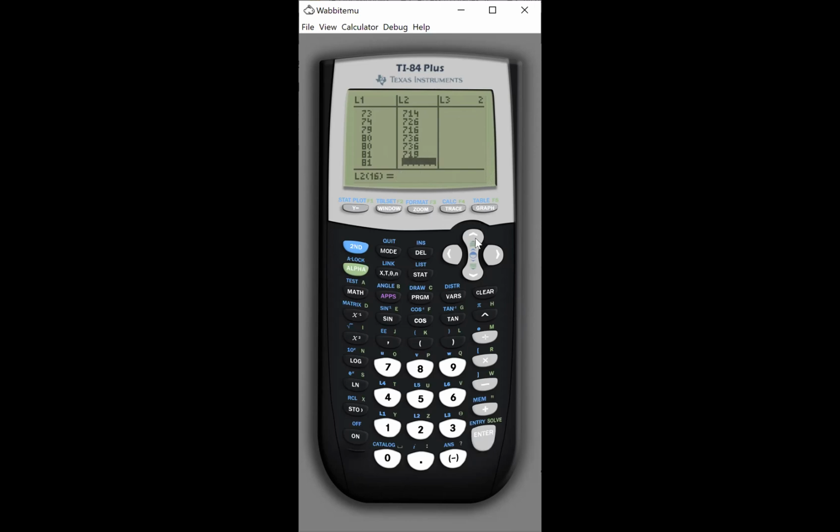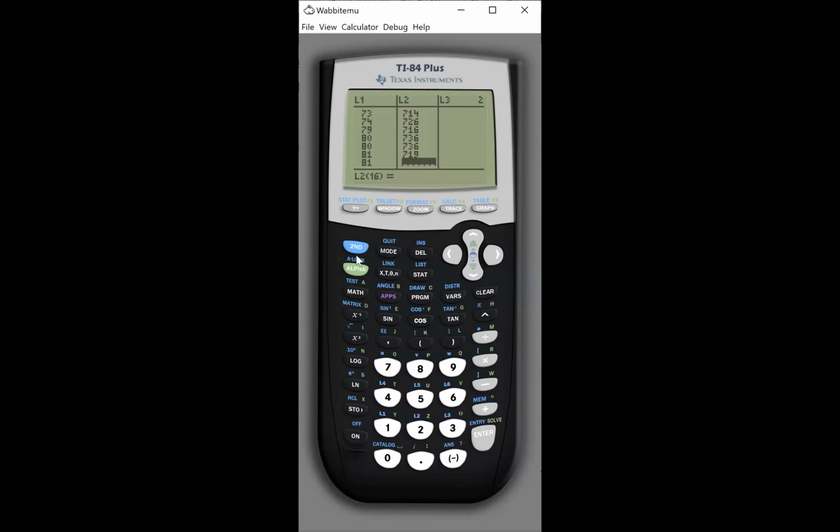So that's the first thing you want to do, just enter all the numbers there.